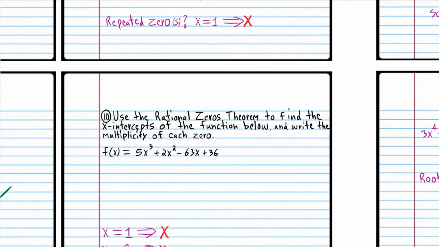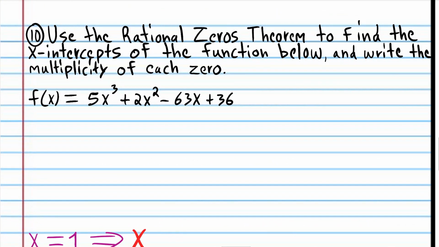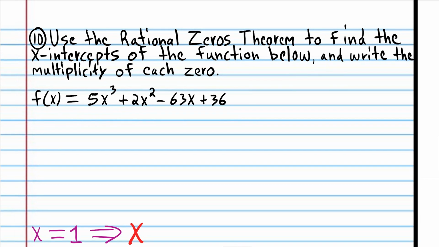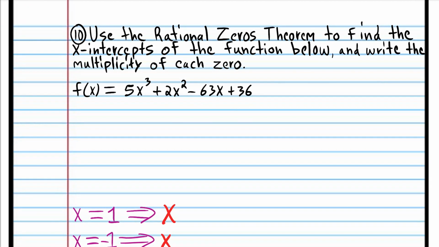Okay, so now let's do one more of these problems before you try one on your own. Now the problem is again stated a little differently. It says use the Rational Zeros Theorem to find the x-intercepts of the function below. So now they're called x-intercepts, but again, zeros, roots, x-intercepts, they're all the same thing, pretty much.